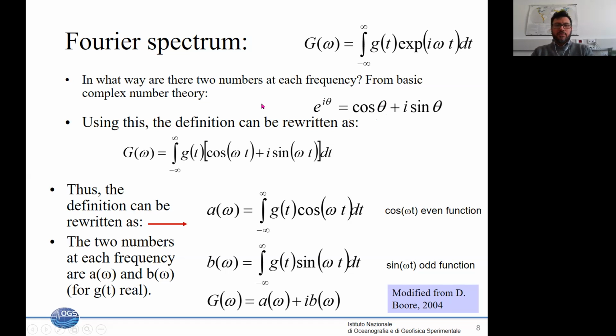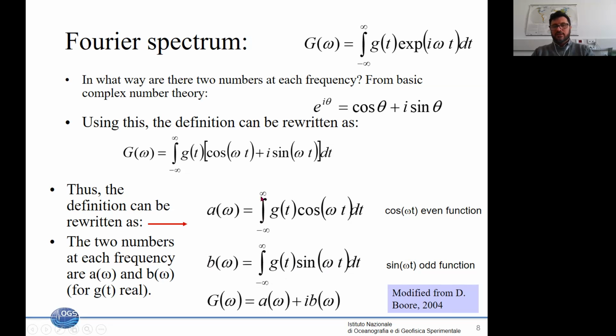So with some mathematics, we can rewrite the Fourier transform, D of ω, as the integral of g(t) multiplied by a cos function plus i sine of ωt. So in a very simple way, you can immediately see that we can separate the two parts. We will have a part of the integral depending on the cos term, and a part of the integral depending on the sine term.